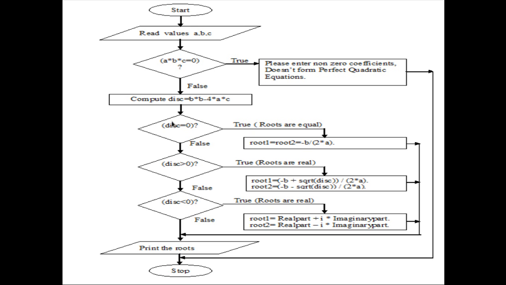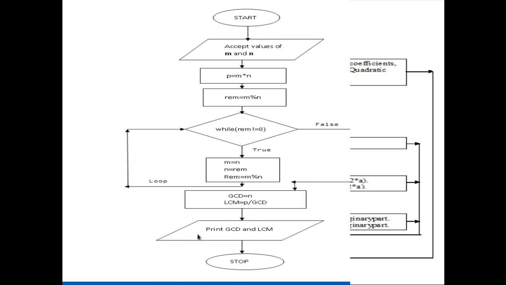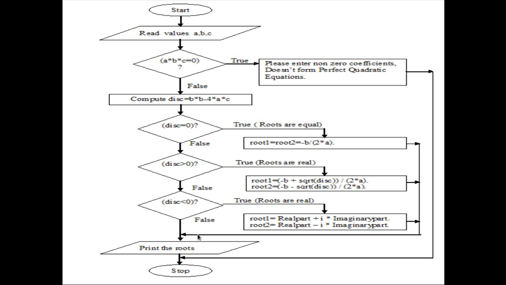One condition would be true, and with respect to that we compute the equal roots, real roots or complex roots. For each case we have the formulas, and after computing the roots, it comes out, prints the roots, and goes directly to the top. That's it about the flowchart.